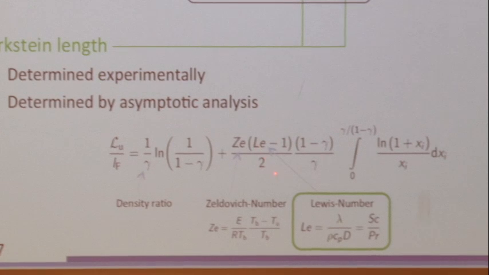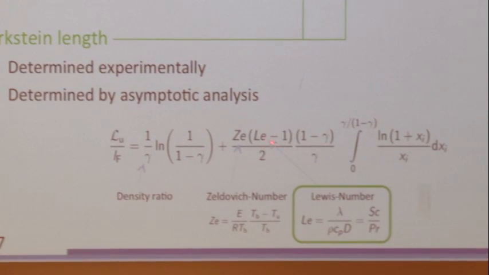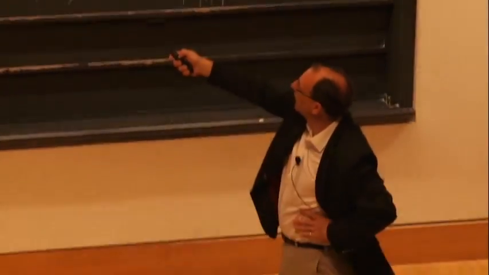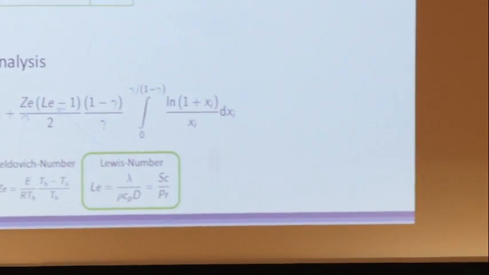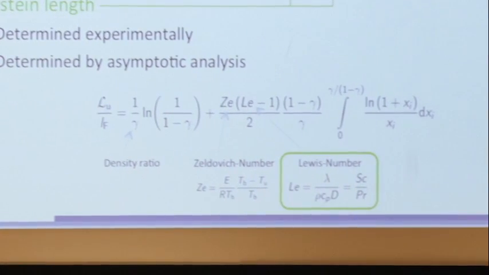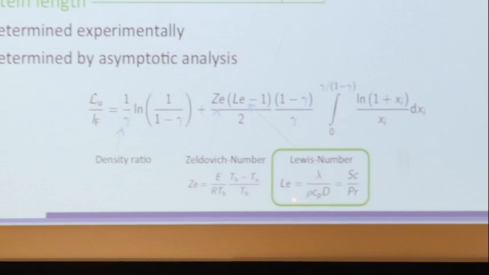And you see already here that if the Lewis number is 1, Lewis number is the ratio between, maybe I should just write it down here. So it's the ratio between lambda over Cp, that's the heat diffusion, and rho d.